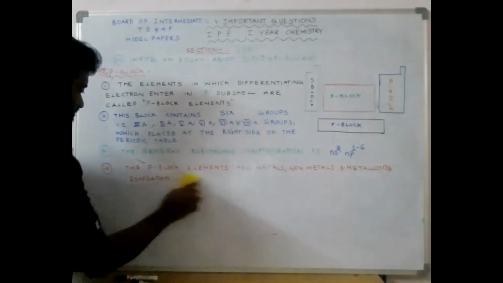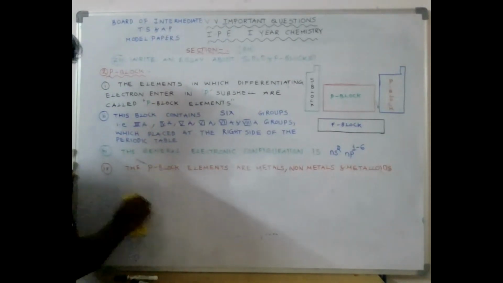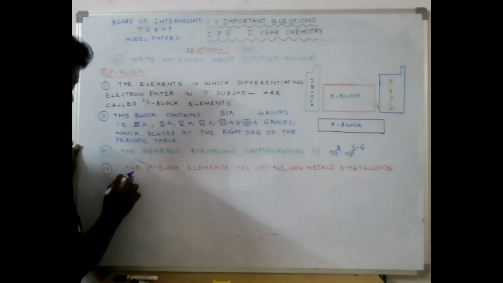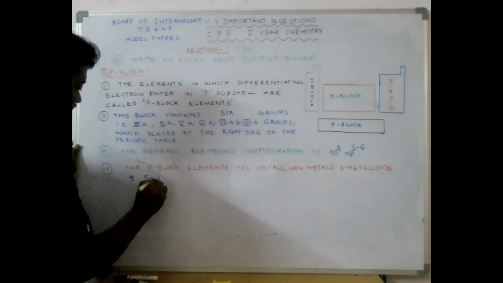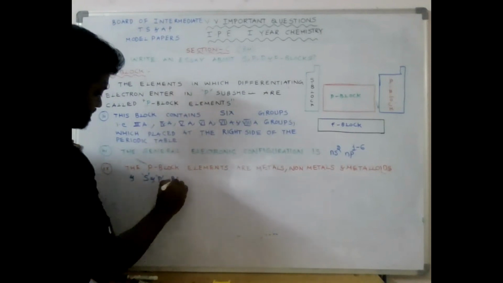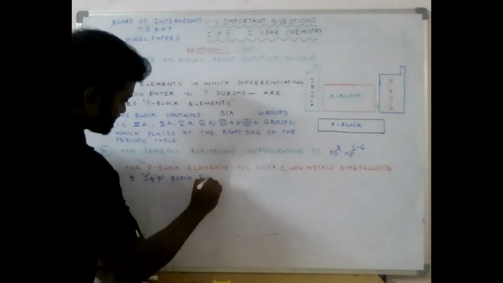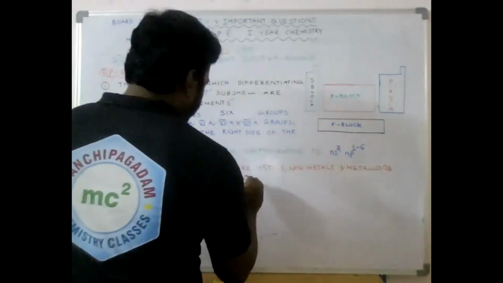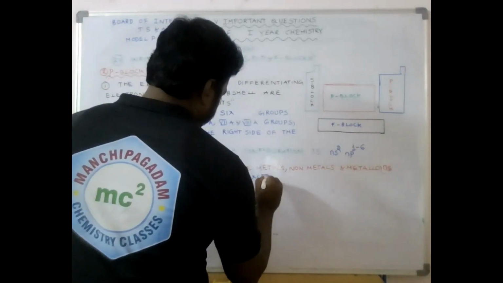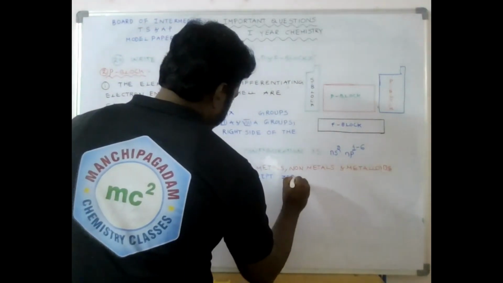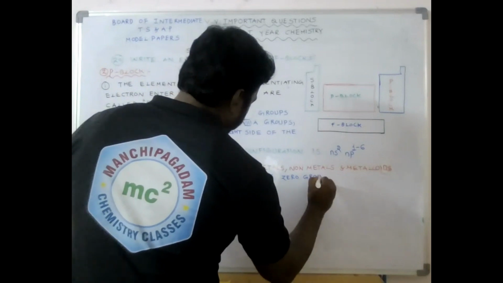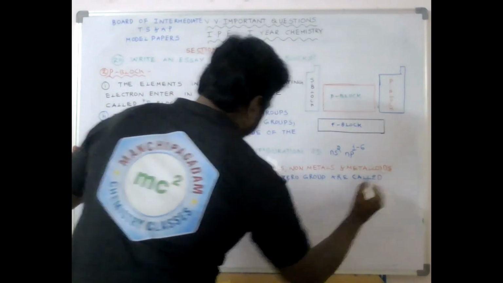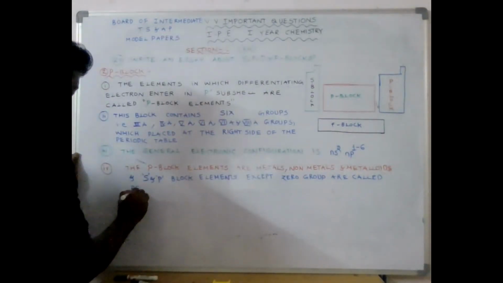Okay, this is the fourth point. And we may add one more thing here. S and P block elements, except 0 group, are called representative elements.